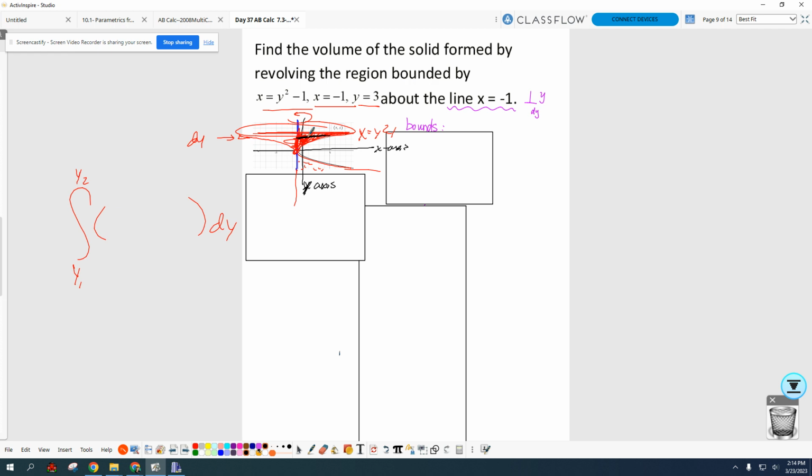I need this curve as x equals stuff in terms of y. Do I have that already? Yes. And the thing it's spinning around is right here. To get the radius, what is the distance between this curve and that line?